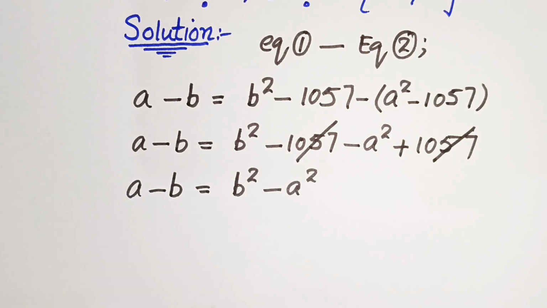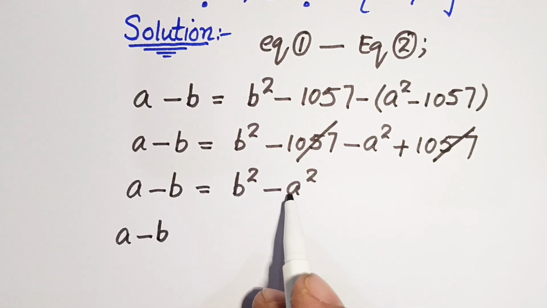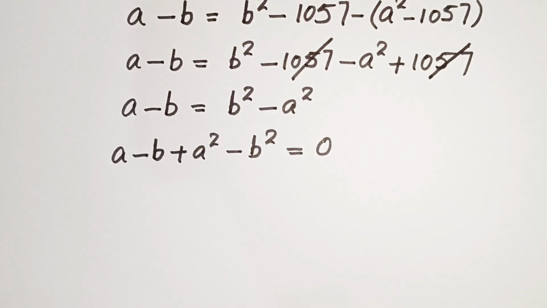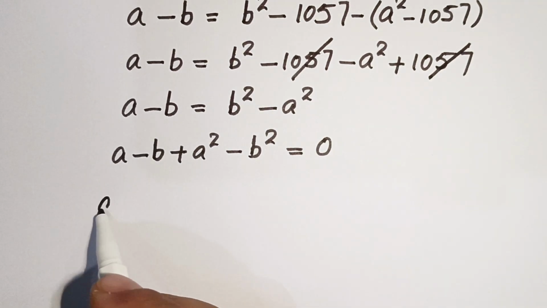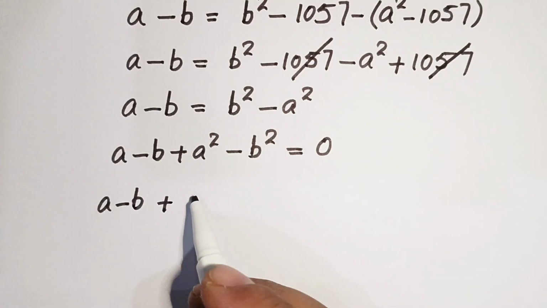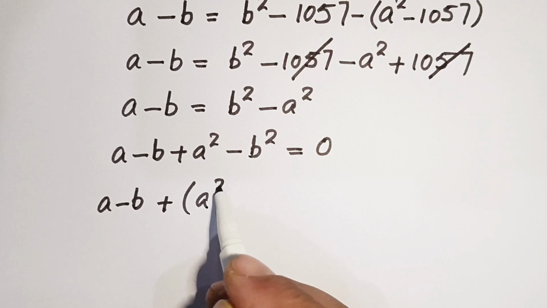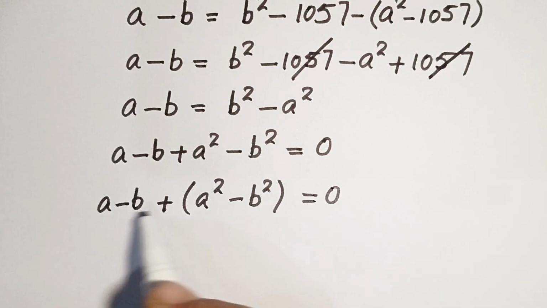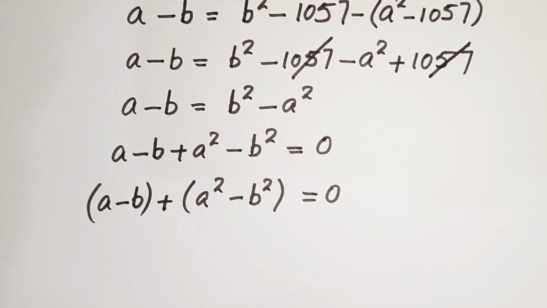So here if we shift these two terms to the left hand side, then we have a minus b, this minus a squared will be plus a squared, and plus b squared will be minus b squared, is equal to 0. Now we can write it as a minus b plus a squared minus b squared is equal to 0. We make a group here.